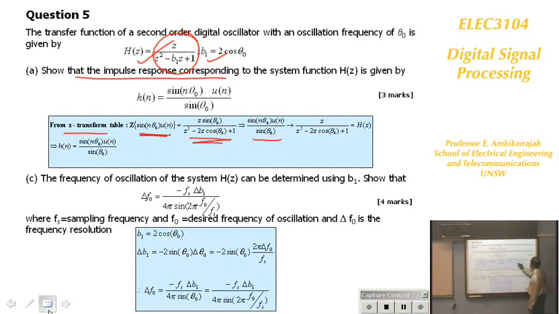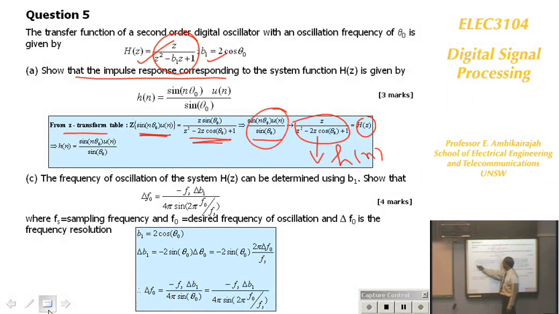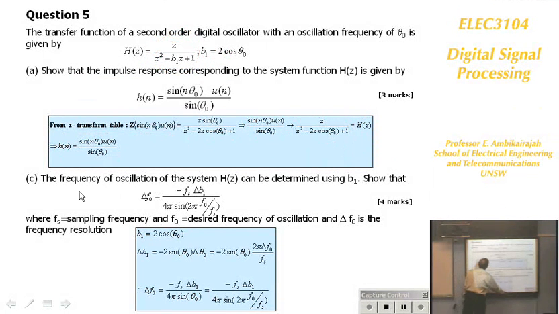So you can show this is equal to that. Therefore, the inverse is hn, and the hn will be equal to this one. You just manipulate the table. So basically, if you're not sure, this is the way to do it. You just go back and find out.